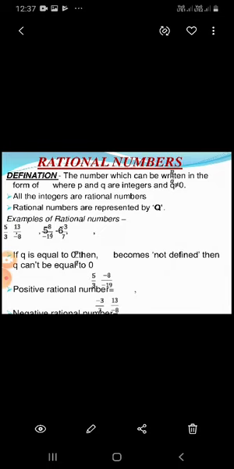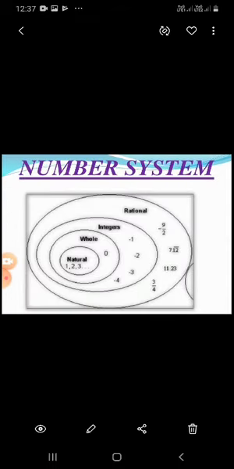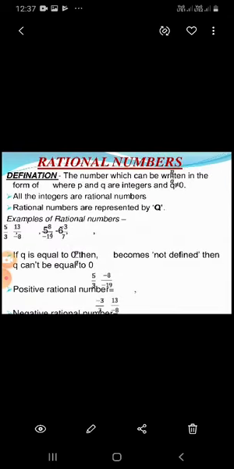So any number which can be written in the form of p by q, where p, q are integers and q is not equal to 0, is the definition of a rational number. And all the integers are rational numbers. As you can see in this Venn diagram, in the large circle of rational numbers you have another circle of integers. So all the integers are rational numbers.